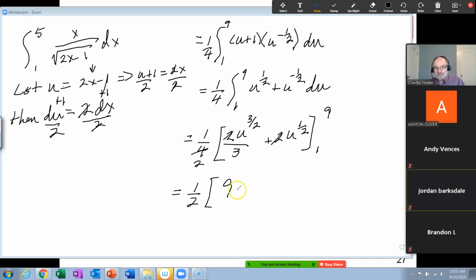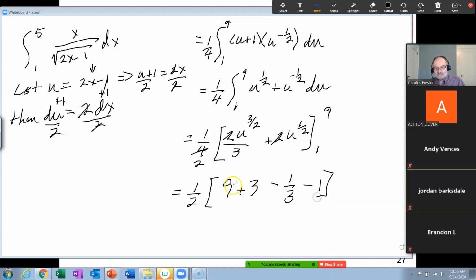Plus the square root of 9, which is 3. Minus, now we're doing everything in here. Don't worry with the 1/2 yet. The square root of 1 is 1. We're doing the lower one now. 1 cubed is 1. And that divided by 3 would be 1/3. And then you have a minus here, the square root of 1, which is 1.